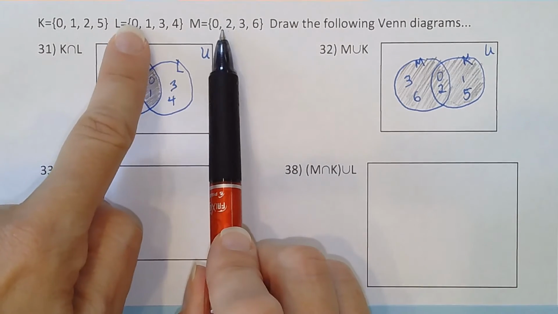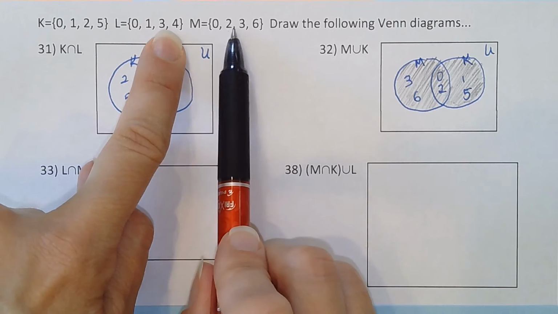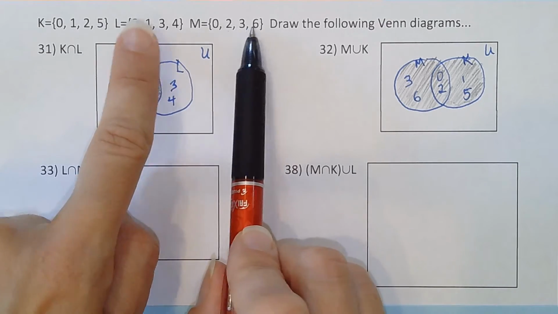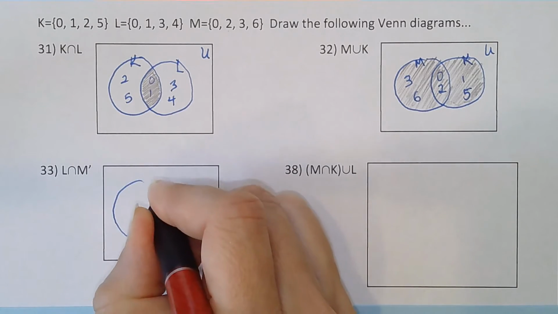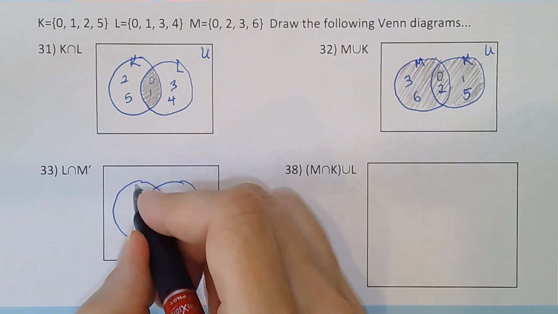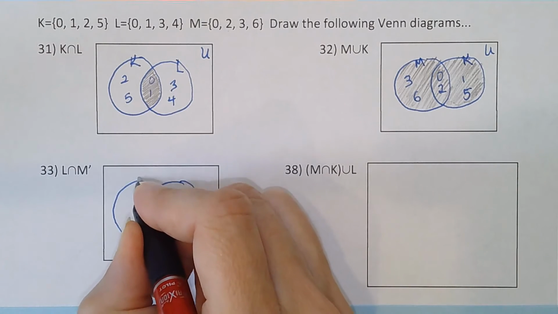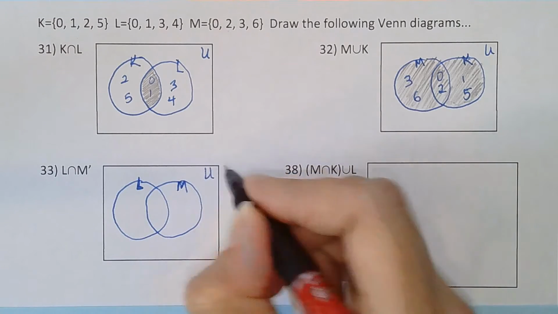And again, if we look at these, 0, 1, 3, 4, and 0, 2, 3, 6, we see some common elements and some different ones. So just like the two above, we're going to have intersecting circles. Some in common, some not. We have set L, and we have set M, and we've got our universe here.